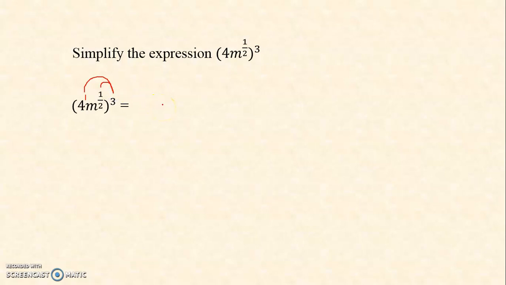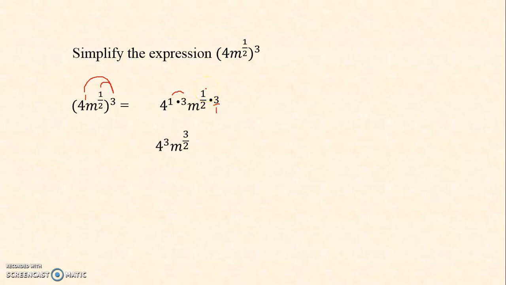So you now have 4, with 1 as the exponent of 4 times 3, and m, with 1/2 as the exponent of m times 3. Okay? So you have there 1 times 3, that is 3. Again, what is the denominator of 3 here? That is 1.